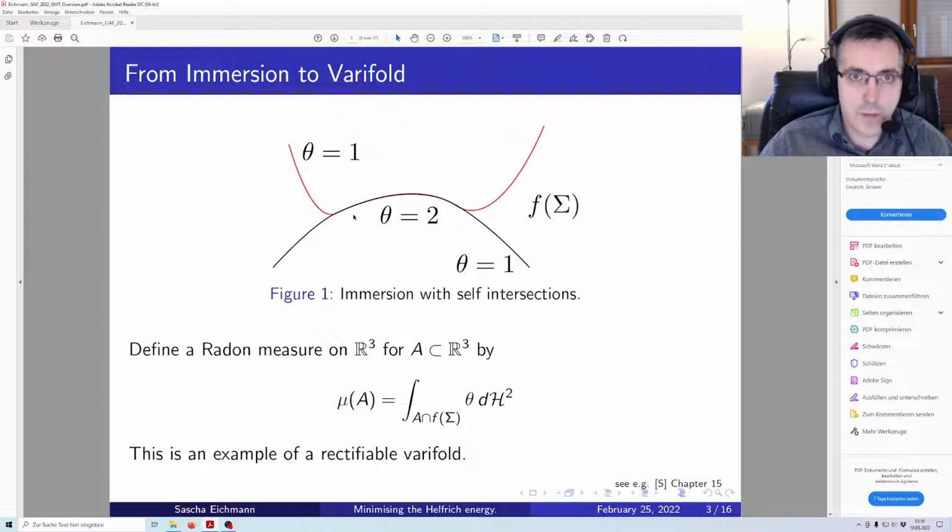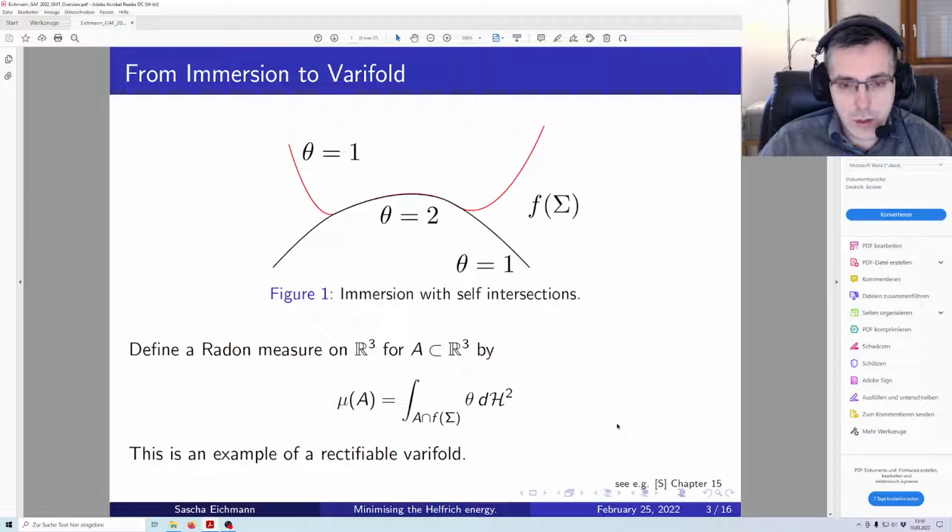Now, how do we define the Radon measure corresponding to this immersion? We define what this Radon measure mu is for a given set A: integrate over A intersected with the image of F the density defined above with respect to this Hausdorff measure.